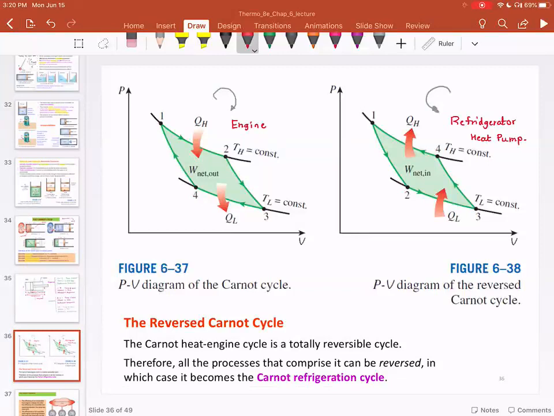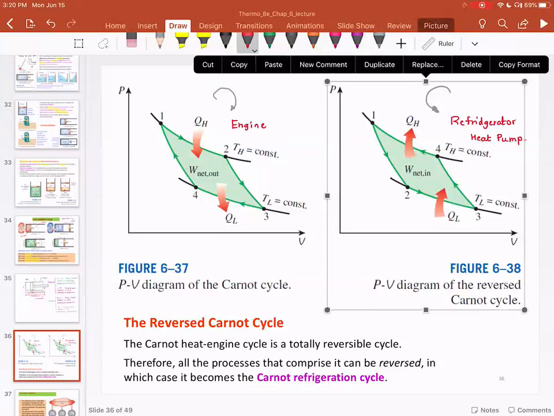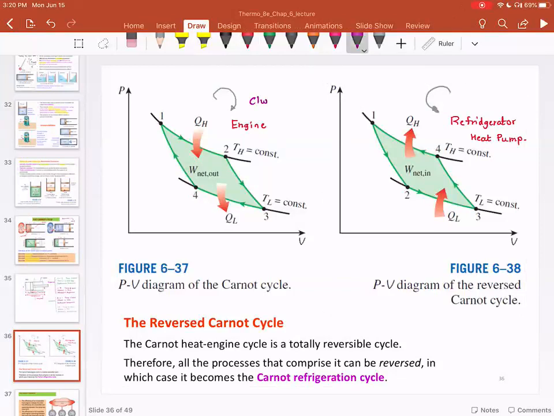And the reason for that is this cycle is clockwise and this cycle is counterclockwise.